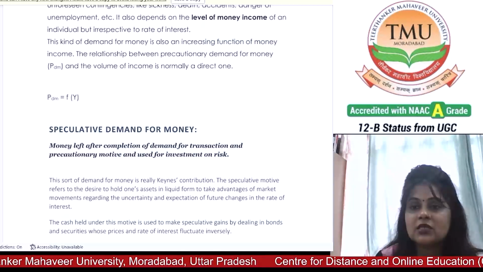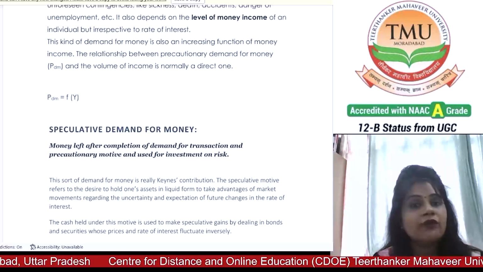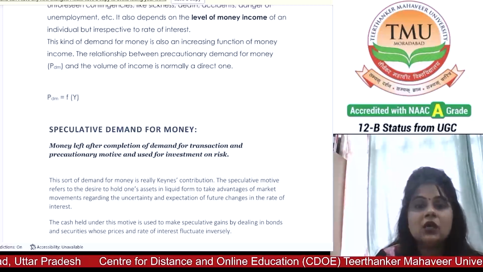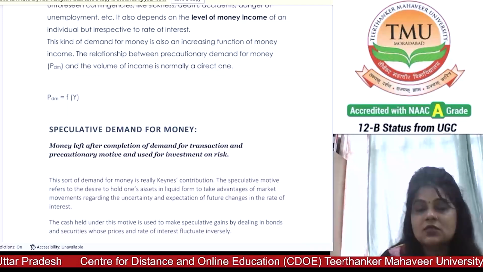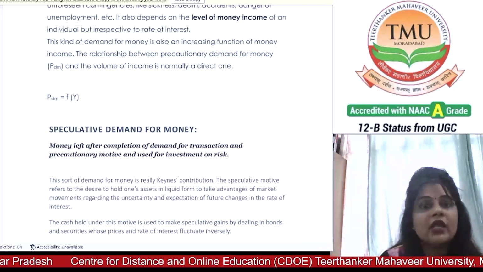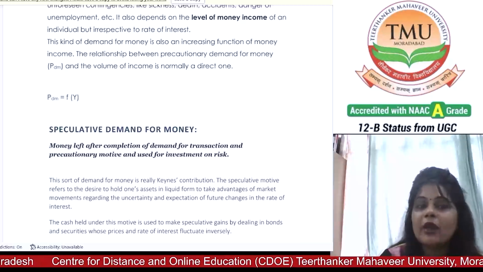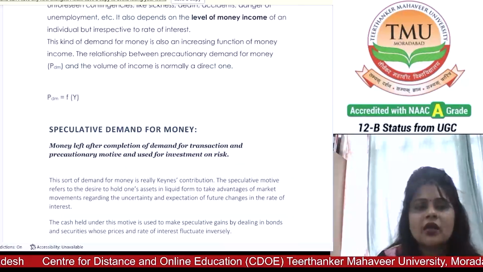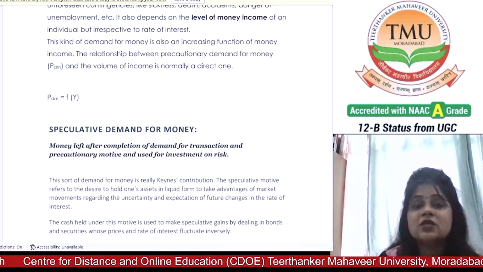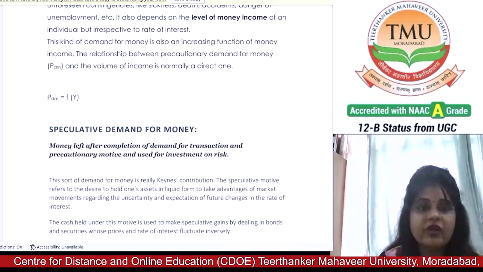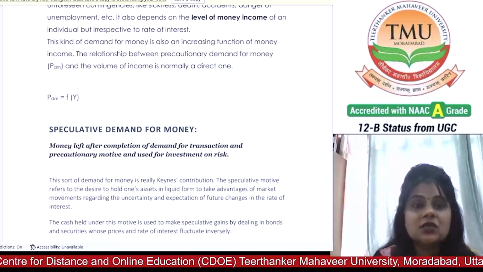So Keynes says the precautionary motive for holding money refers to the desire to hold cash balance for uncertain conditions, like illness, accidents, unemployment, and other conditions. Businessmen also keep cash in reserve to tide over unfavorable conditions or to gain from unexpected deals.